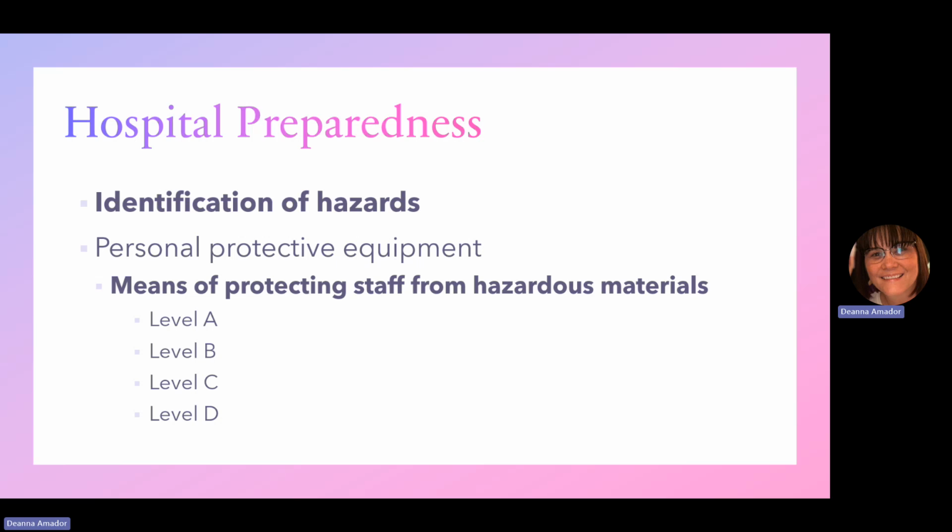First thing you would do with hospital preparedness is identification of the hazards, and then they would have the PPE, and that would be a level A, B, C, and D. So effectively planning an emergency response requires the hospitals to address many details such as staff safety.